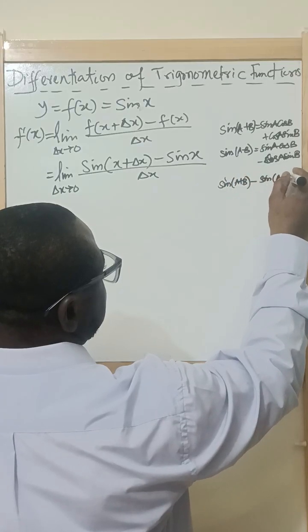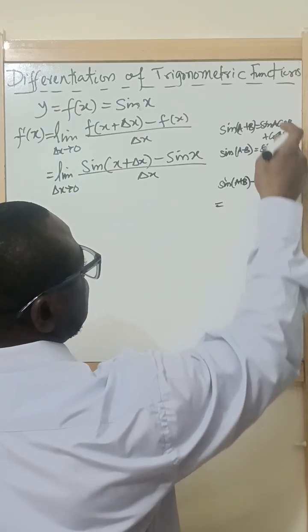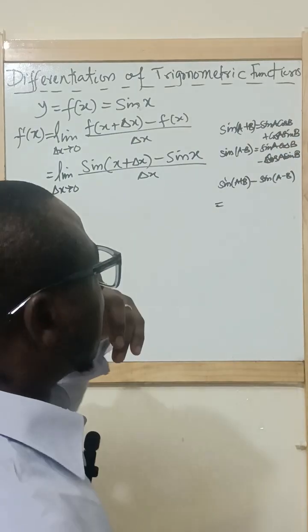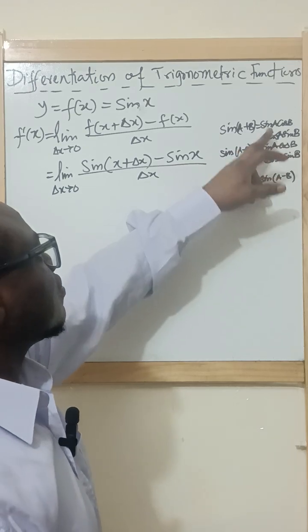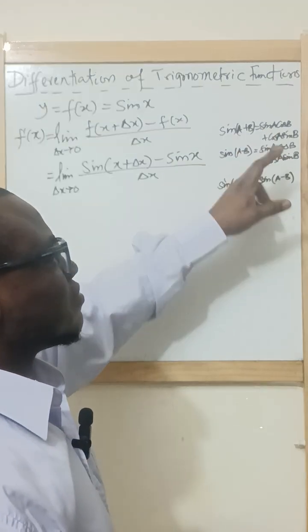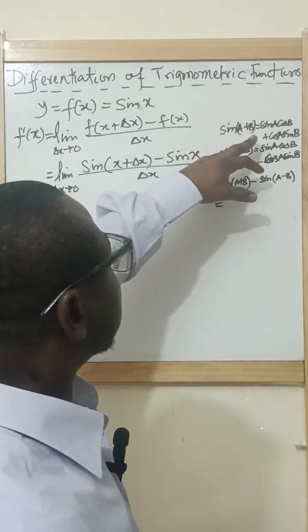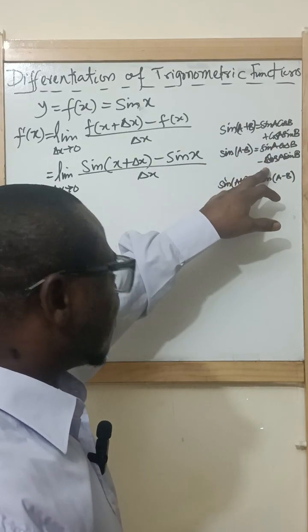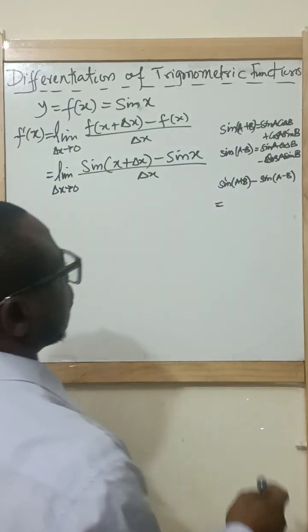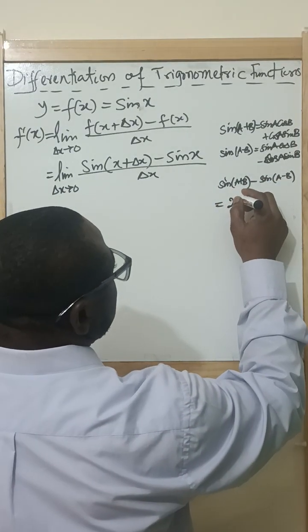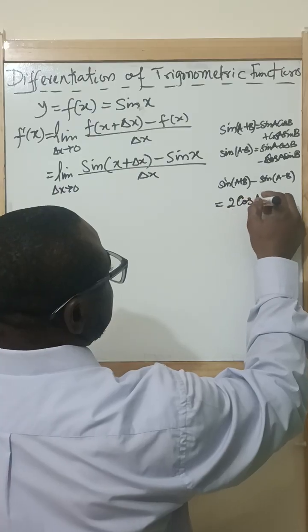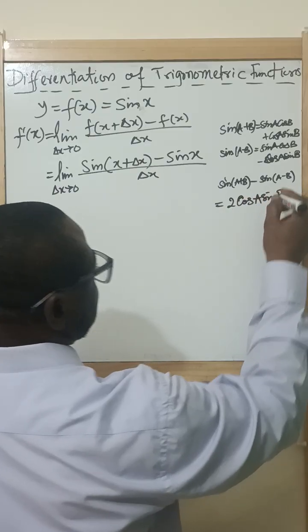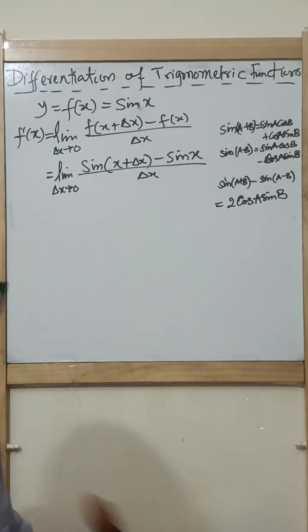So if we subtract these two, we are going to have sine of A plus B minus sine of A minus B. That is this one minus this, so sine A cos B will be gone. Then we have cos A sine B minus minus cos A sine B, so that will be 2 cos A sine B. We now derive what A and B are.